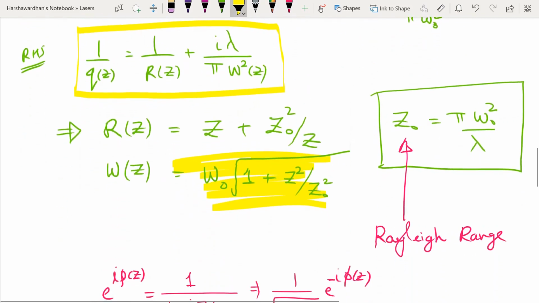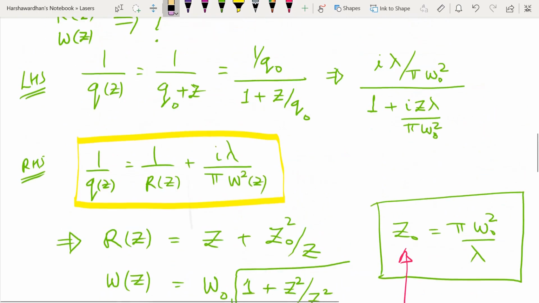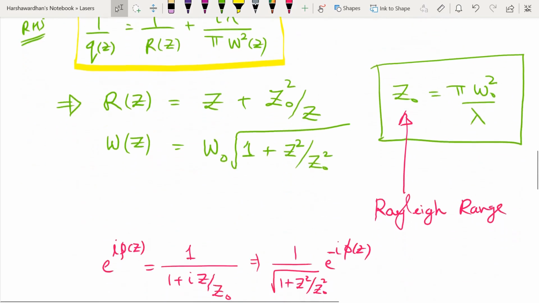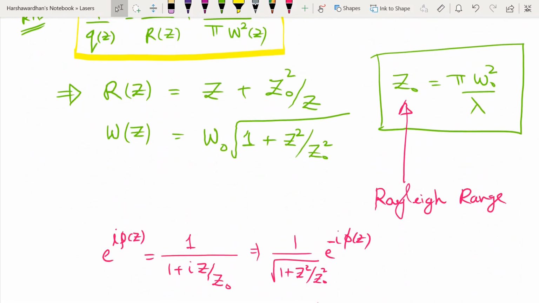After equating the left and right, I identify what R of Z is, that is, the radius of curvature of this phase, and what the width is as a function of Z. If I identify that, these are the two terms which I get.